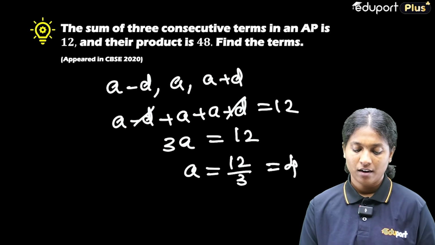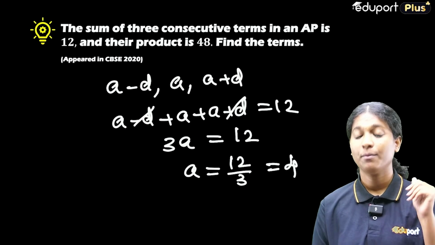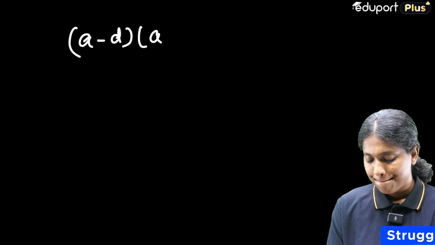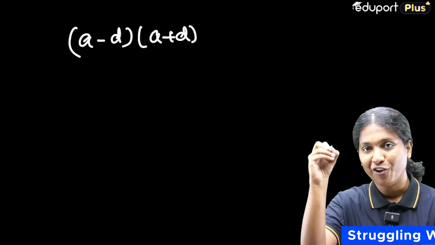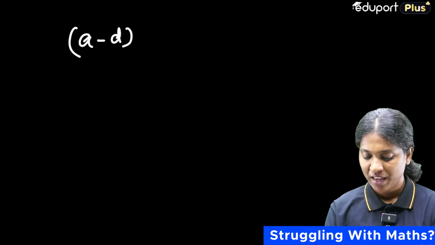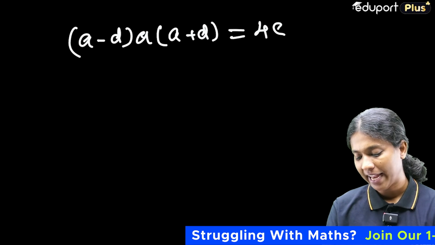Now, they told the product is 48. So, a minus d into a into a plus d is equal to 48.